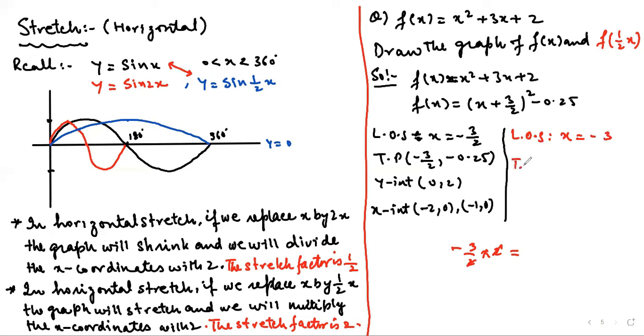The new turning point: there will be no change in the y coordinates, so (-3, -0.25), and the y-intercept is (0, 2). There will be a change in the x-intercepts. Now the x-intercepts are (-4, 0) and (-2, 0). Now we will draw the two curves.